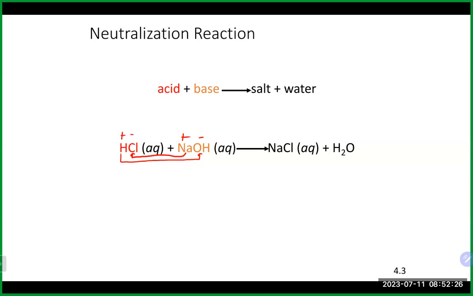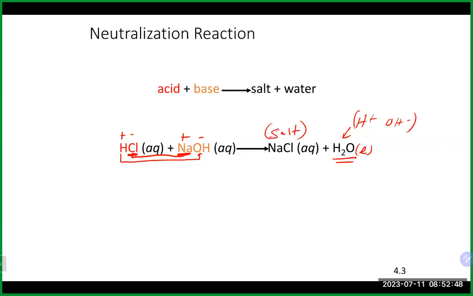On the other side, the H plus and OH minus are what's going to make our water, the H plus from the acid and the OH minus from the base. What's left over is our sodium and our chloride, which come together to make our salt, which is our ionic compound in this particular case.